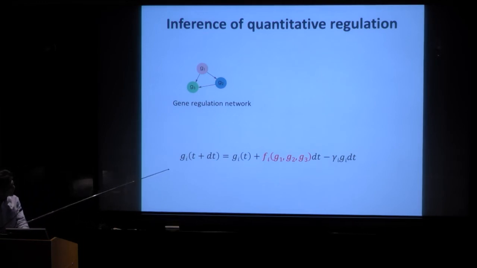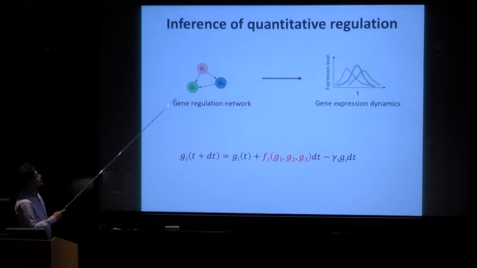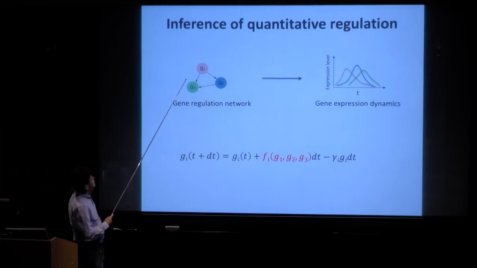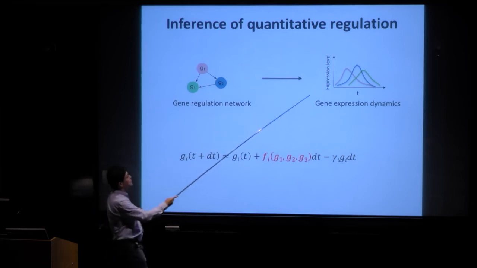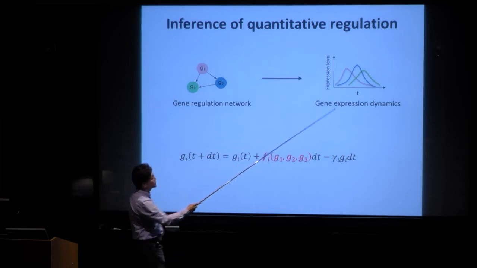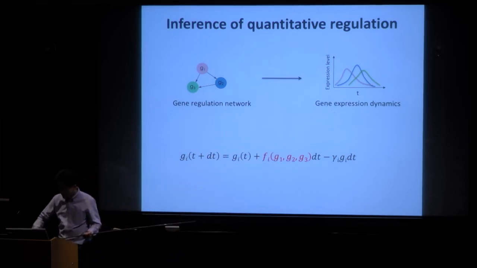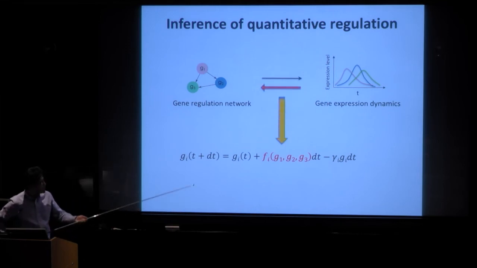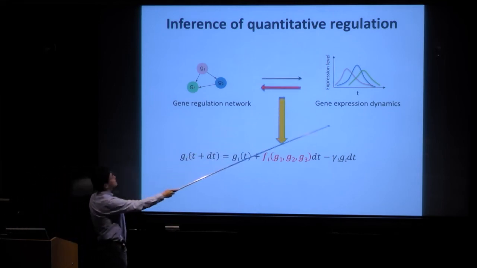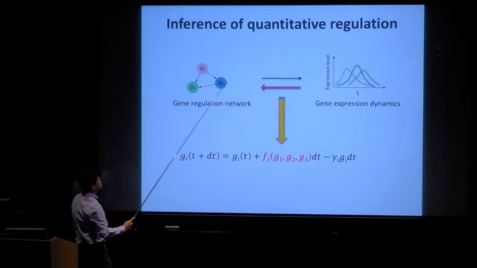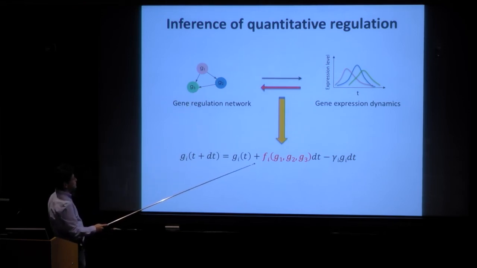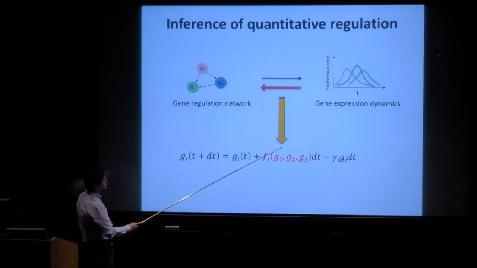It doesn't matter. But it's a dynamic system underneath. So it's this dynamic system from this network to generate this gene expression dynamics and then phenotype. So we ask, can we use this data to infer this network? So what we mean is that infer this, we call F function.